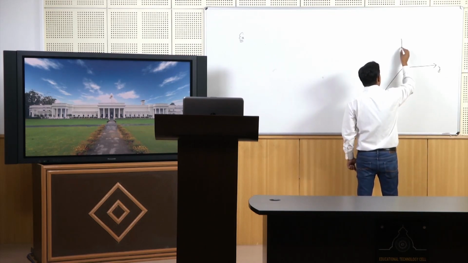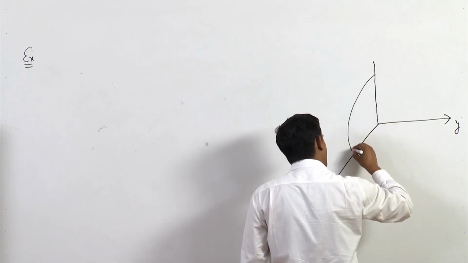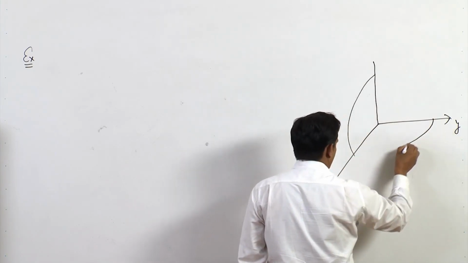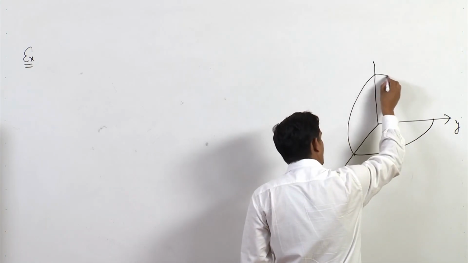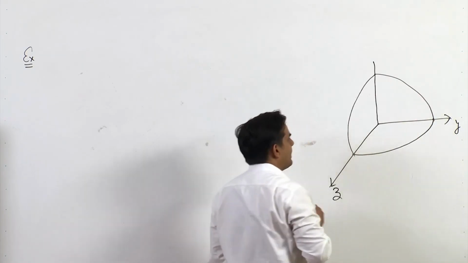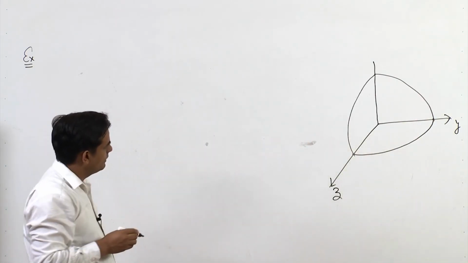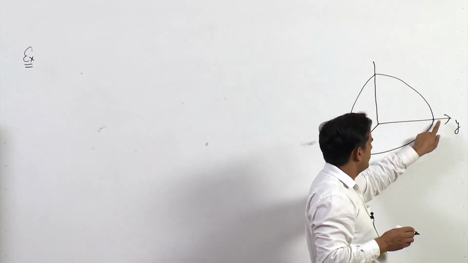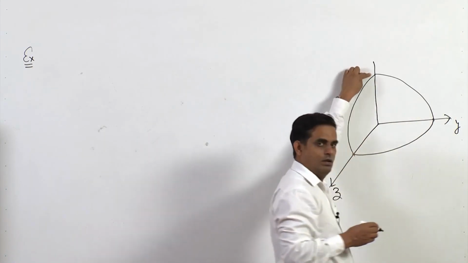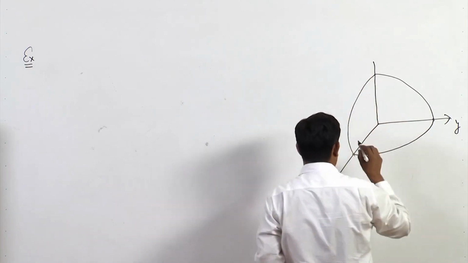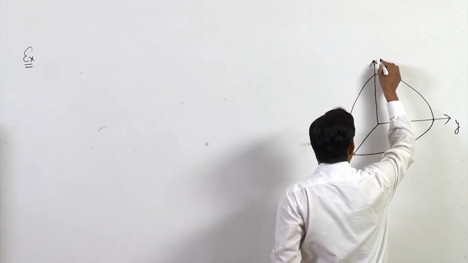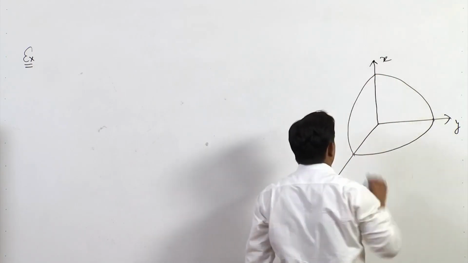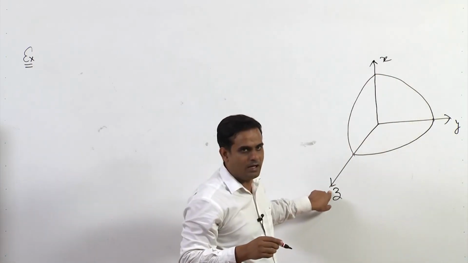Now, I am having a sphere like this. So, coordinates are 0 5 0, 0 0 5, 5 0 0, so x axis and 0 0 5.